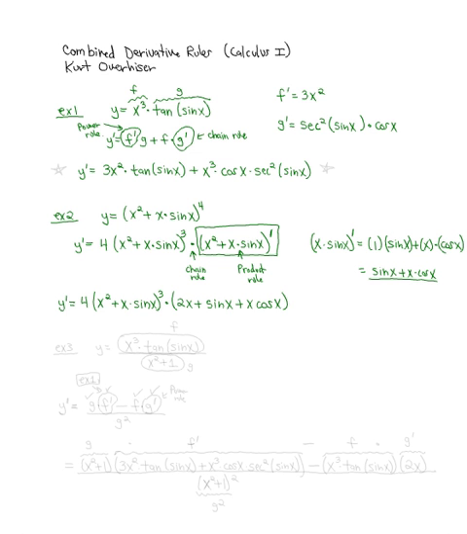Okay, so now we're going to do a third example. And this example will be y equals x cubed times the tangent of the sine of x, all divided by x squared plus 1.